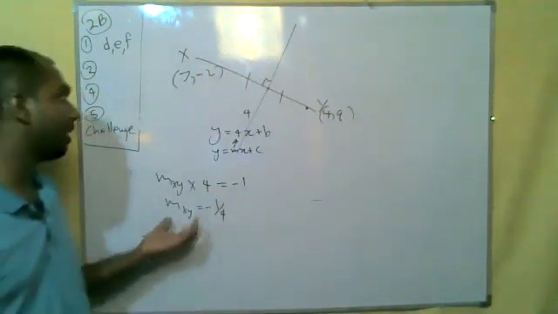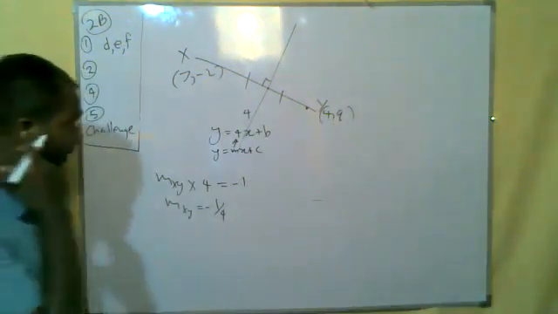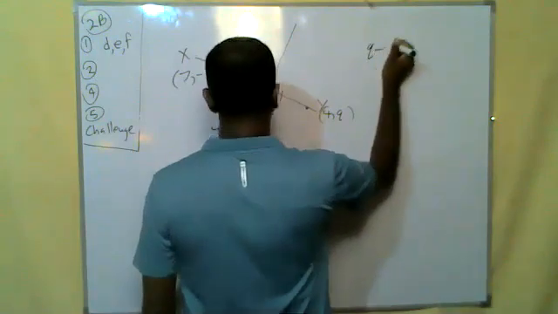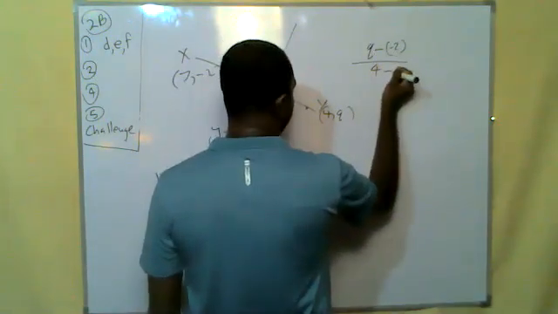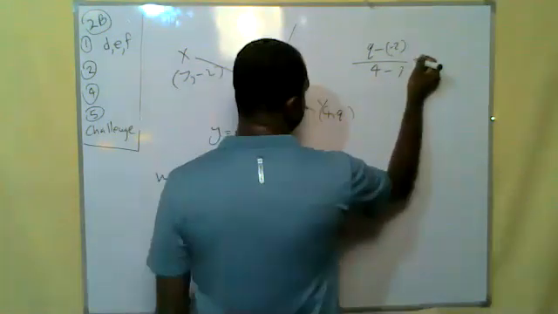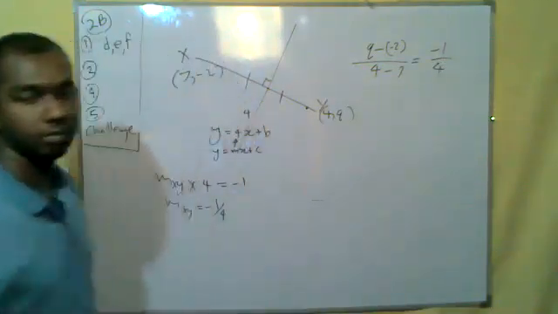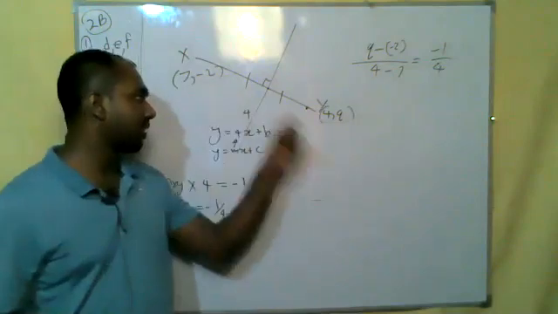Now we can use this gradient to find what? Q, no? So we can write (q minus 2) divided by (4 minus 7) should be equal to -1/4. See the way that I picked it up? I look at this x and y.